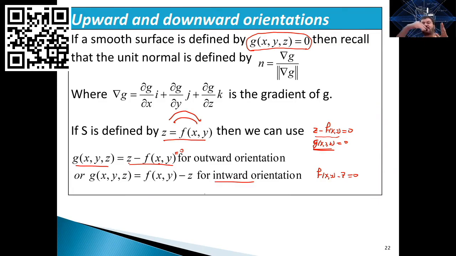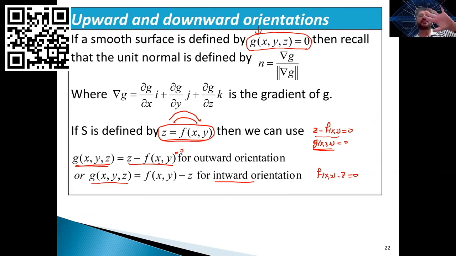So z minus f of x, y is outward orientation, and f of x, y minus z is inward orientation, which is oriented downward. And you have to be careful: inward and downward, or outward and upward, it's the same thing. All right. So you will be given the surface. The question will not give you this. You will be given a surface equation.